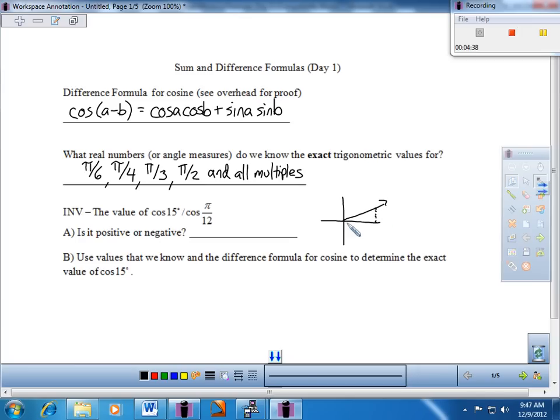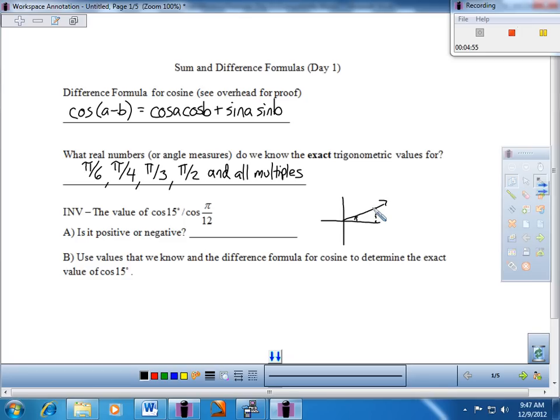So if I asked you for the cosine ratio for this particular angle, from here to here, which again would be 15 degrees or pi over 12 radians, what I'm asking for is what is the x to r ratio wherever I am on this terminal side. And so you could see it's going to be a fairly large number. I do have a fairly large horizontal in relation to that radius, the direct distance from there to there.